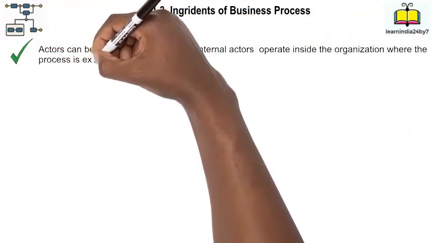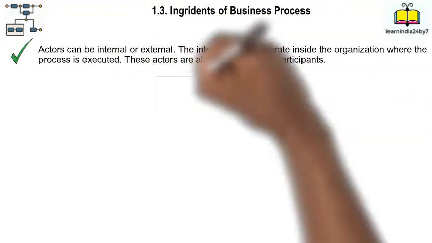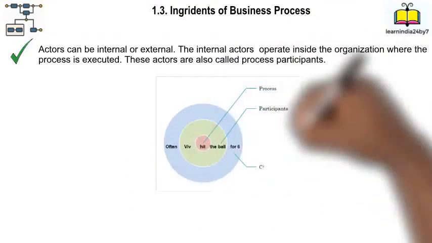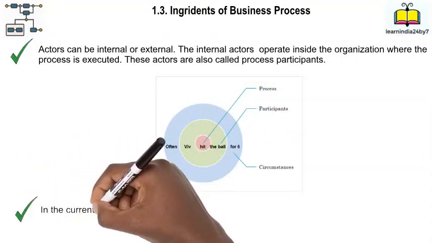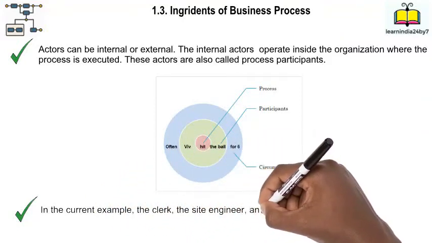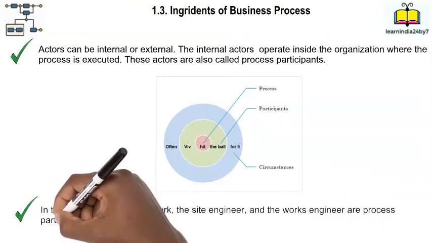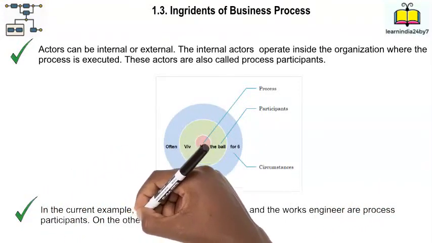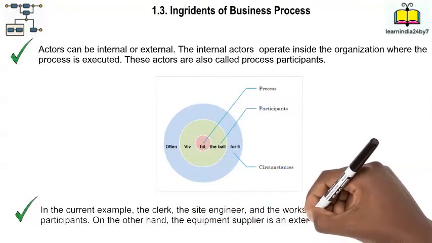Actors can be internal or external. The internal actors operate well within the organization where the business process is executed. In the current example, the clerk, the site engineer, and the works engineer are the process participants. On the other hand, the equipment supplier is an external actor.